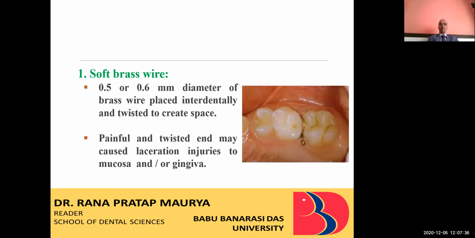These are made up of 0.5 to 0.6 millimeter diameter brass wire, which is placed interdentally around the contact point and twisted to create the space. These are most painful, and the twisted ends may cause laceration of the gingival mucosa.